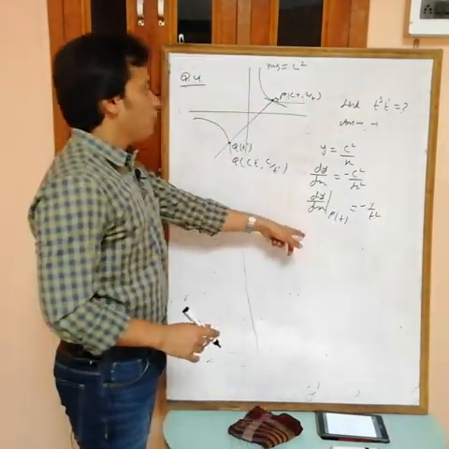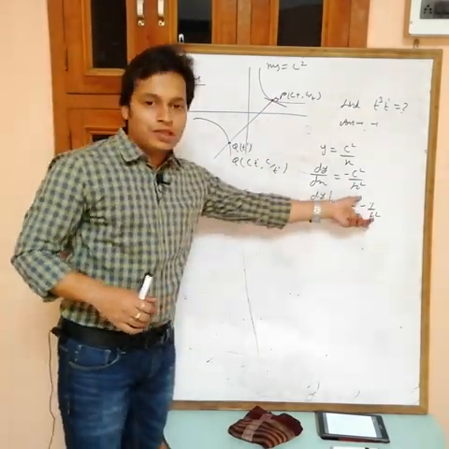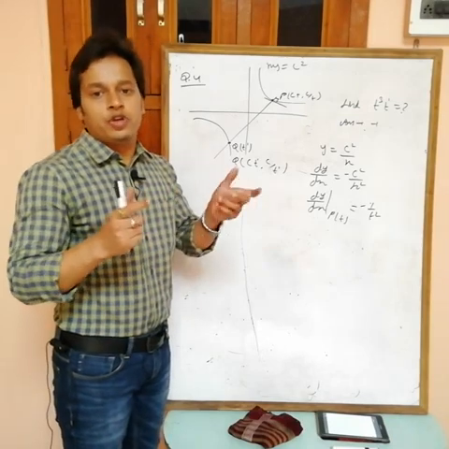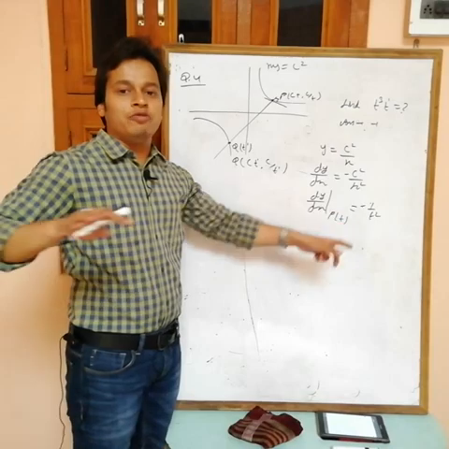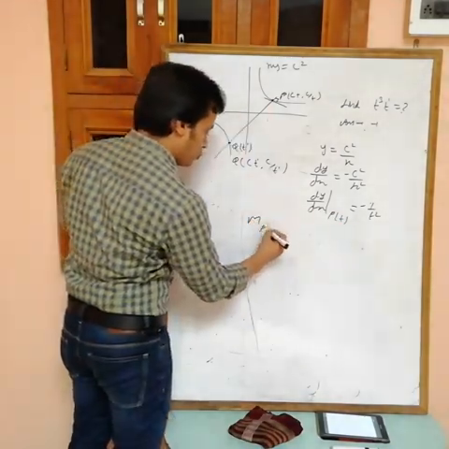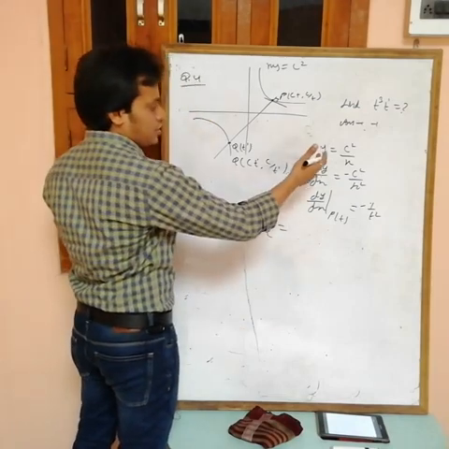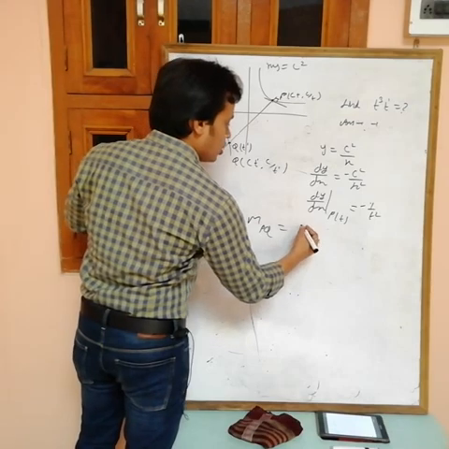So this is the slope of the tangent at point P. Then the slope of normal is minus 1 by this one, since m1 m2 equals minus 1, m2 equals minus 1 by m1. So we get t square. The slope of tangent is minus 1 by t square, then the slope of PQ, the normal at P, is t square.